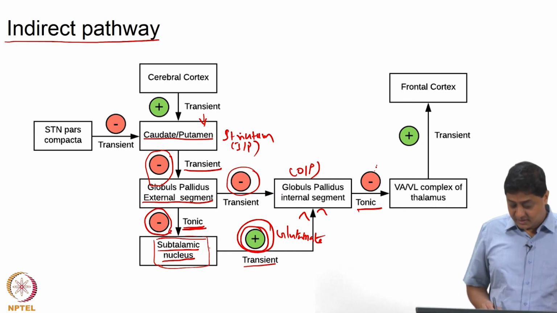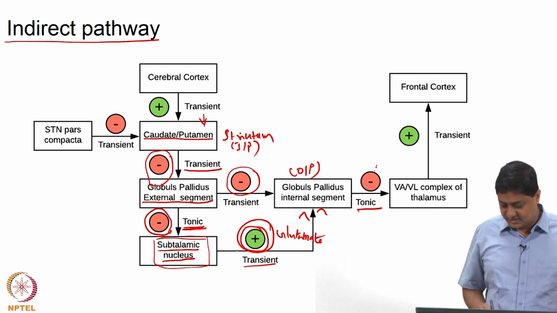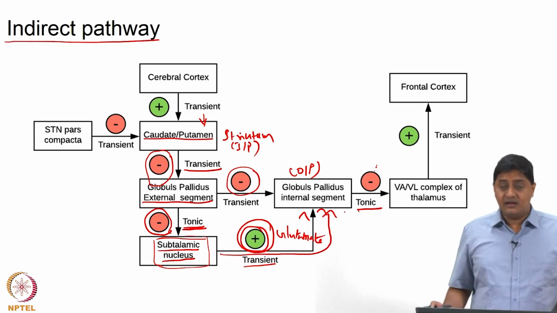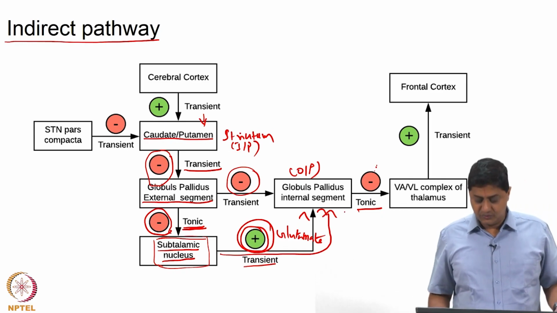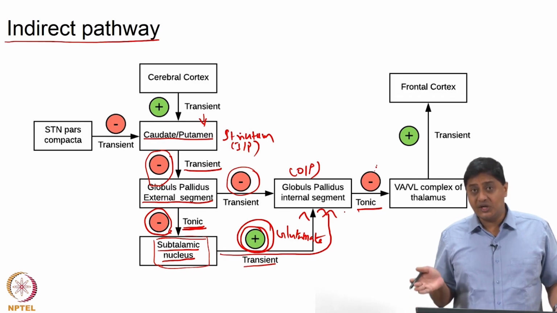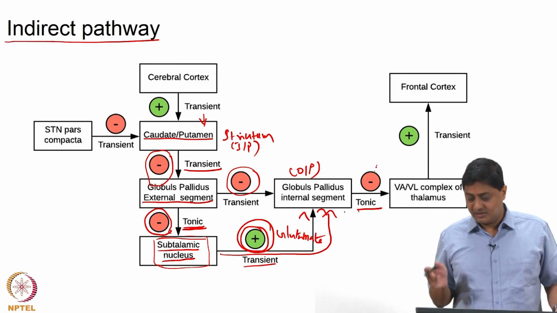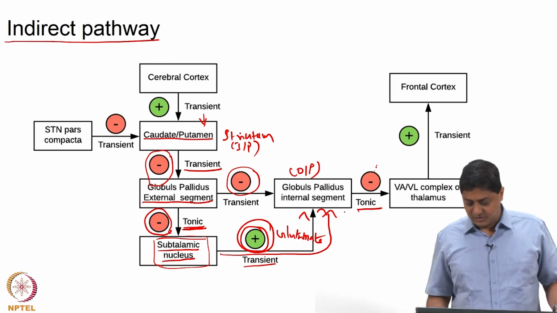That means the probability or the excitation level of the subthalamic nucleus increases, essentially then increasing the input to the globus pallidus internal, and that is not an inhibitory input, that is an excitatory input, essentially increasing the tonic inhibitory level provided by the GPI to the VA/VL complex.